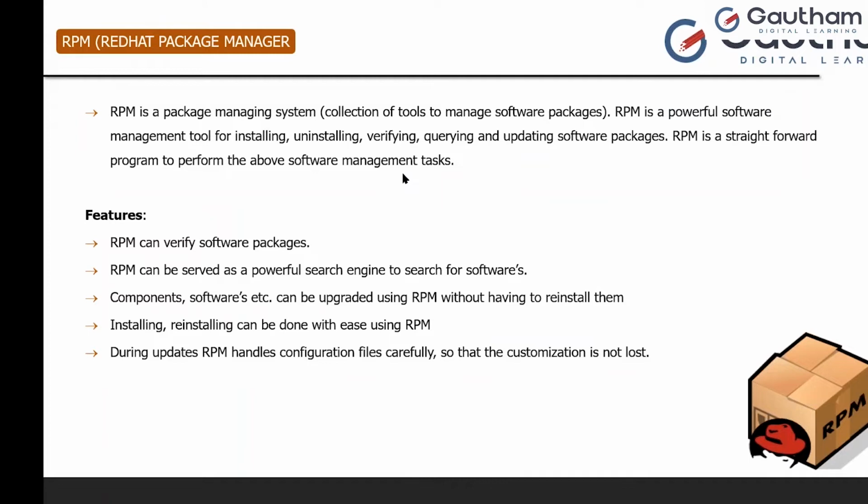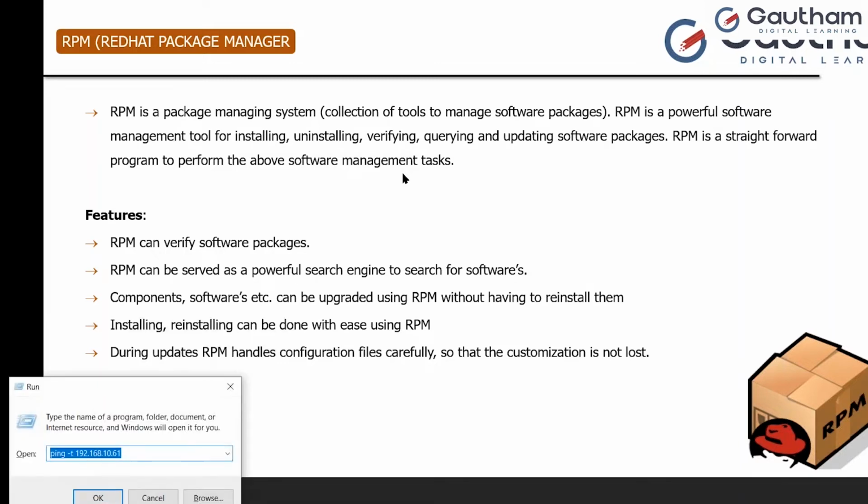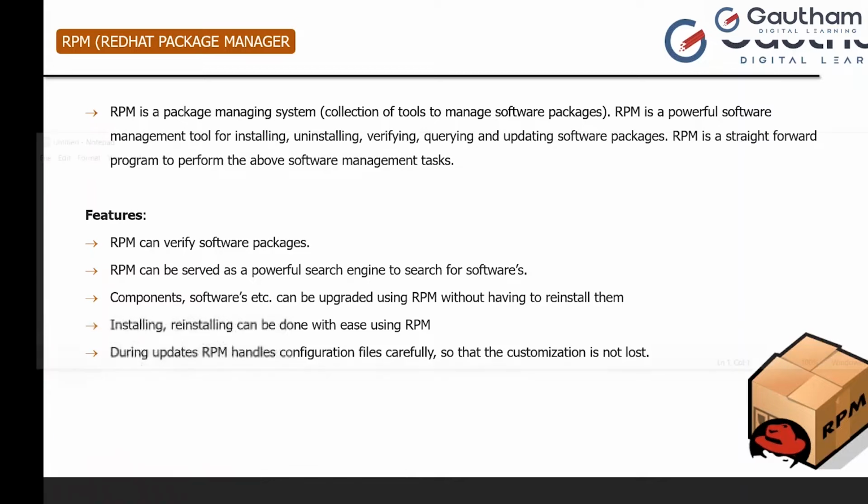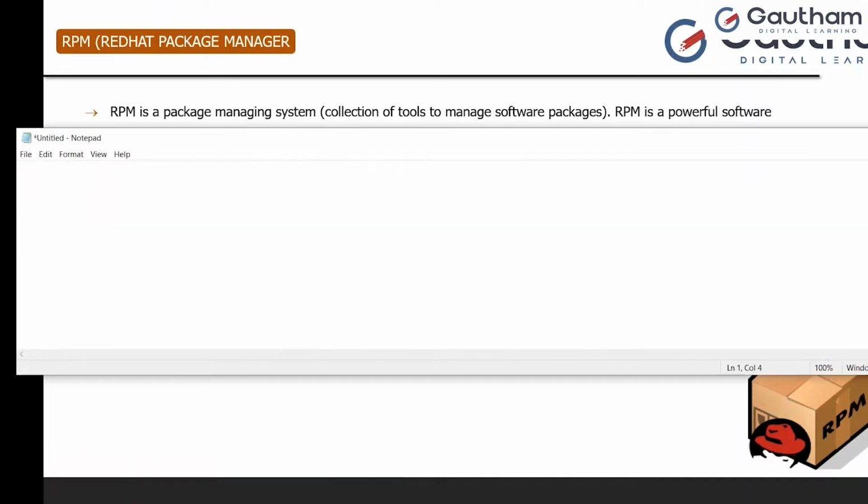RPM itself is a package manager, a tool that will install, uninstall, query, and update software. And what I was trying to say is RPM is also a software. Like in Windows, you have all the software available in exe format.